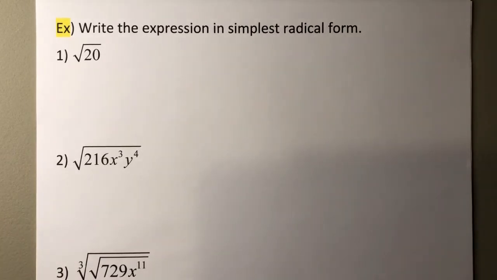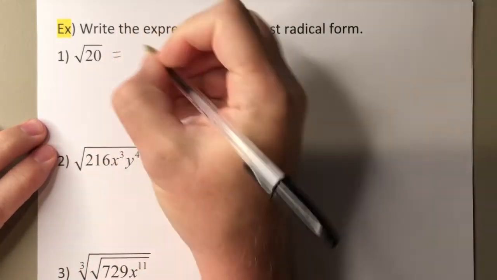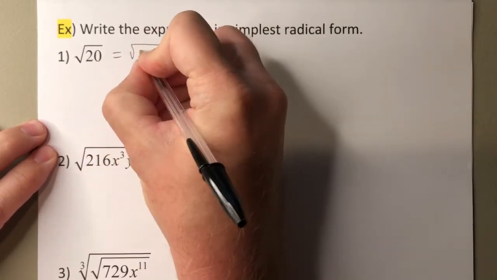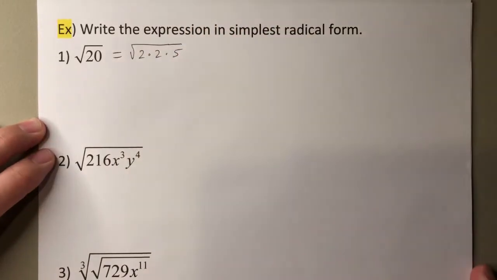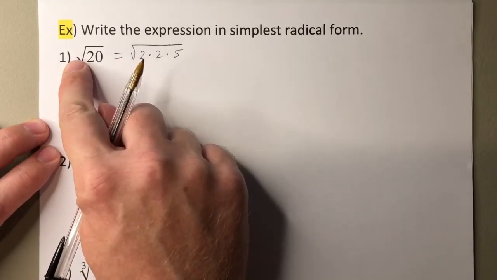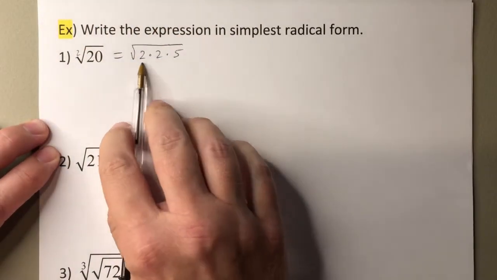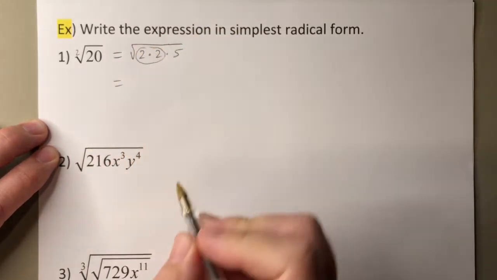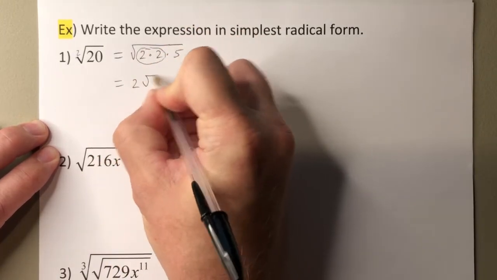So, number one, one way to do this is come up with the prime factorization of 20, and then everywhere you see a pair of numbers, because the index is 2 understood right there, for every 2 you see, you're allowed to pull out whatever that base is, one time in front of the radical.